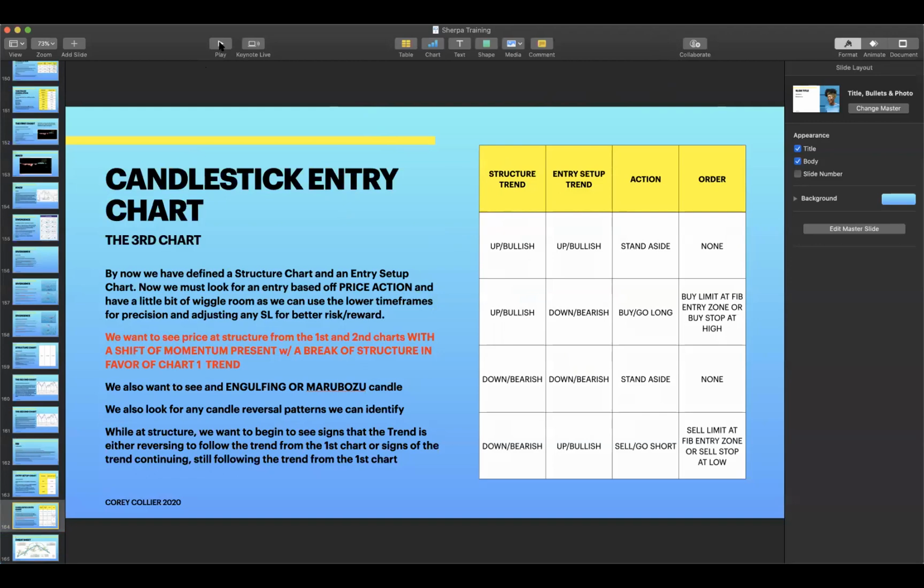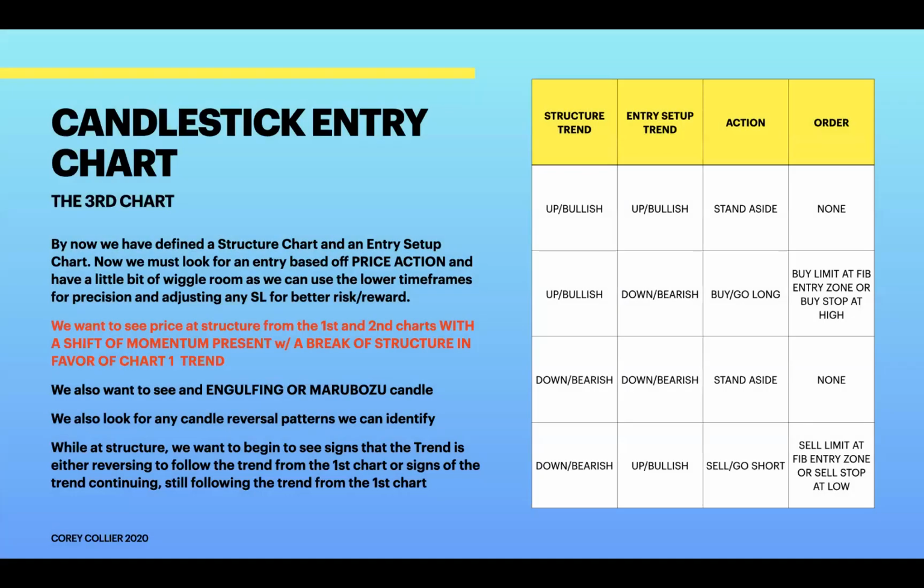Now, these last two, this is wrapping it up for right now, right? So the candlestick entry chart, which is the third and final chart that we look for. By now we have defined our structure chart and an entry setup chart. Now we have to look for an entry based off price action alone of the candles.